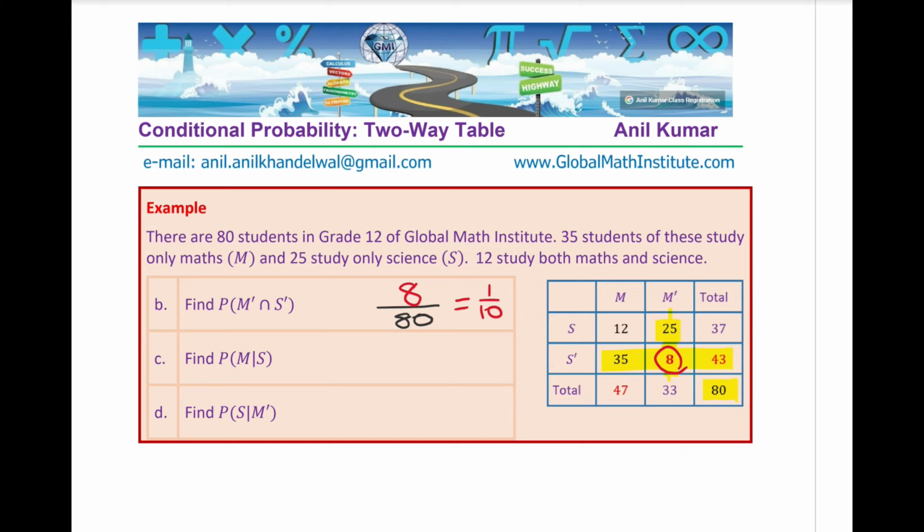Perfect. Now let's move on and find the solution for part C. So we're done with B now. Let me erase this and get to the situation. Now, we need to figure out the probability of a student taking maths, but we know that the student has already taken science, right?